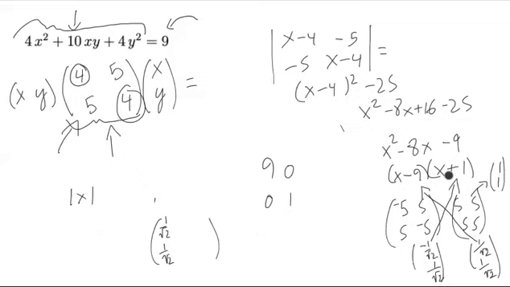Actually, that's supposed to be a negative 1, sorry. We have two eigenvalues, 9 and negative 1, because that's what makes that 0. Excuse me on that one. For the x plus 1, the eigenvalue of negative 1, we use negative 1 over root 2, 1 over root 2.